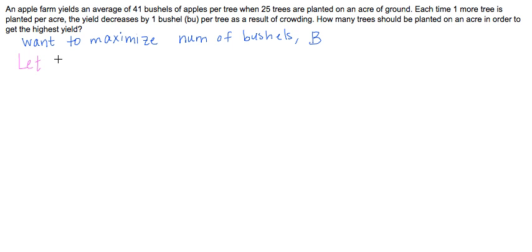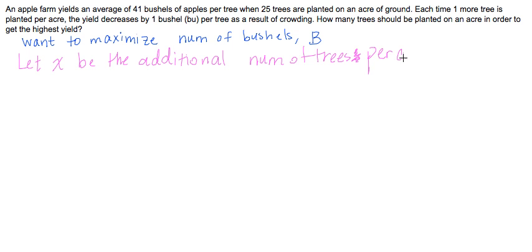So let's let X be the additional number of trees planted per acre. This is beyond the 25 trees. So we're starting out with 25, and then X is however many trees beyond 25 we decide to plant.